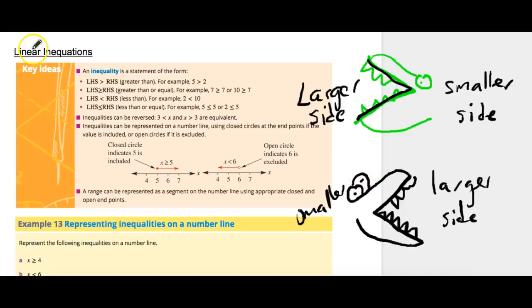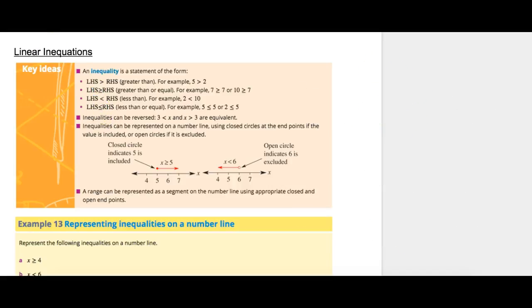The only difference is, and let's do this in blue, you can also have a line underneath. Okay, we might do this in a new color. So you can see here, this one has a line underneath, and this one has a line underneath. When you have that line underneath, it means it's equal to, could be equal to.